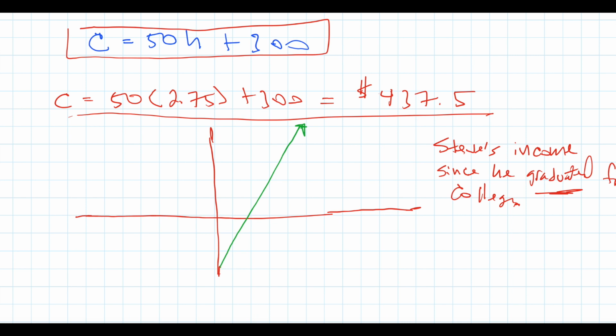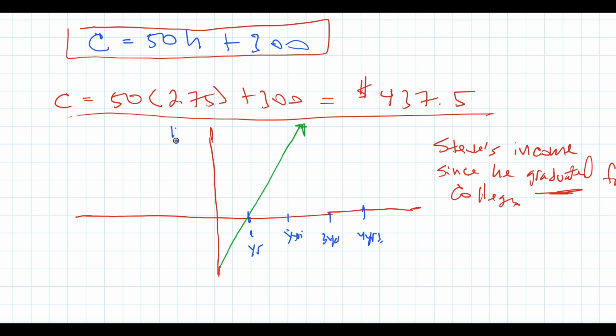I'll label the axis. I'll say this is 1 year, 2 years, 3 years, 4 years. All right, that's really sloppy. And this is money.